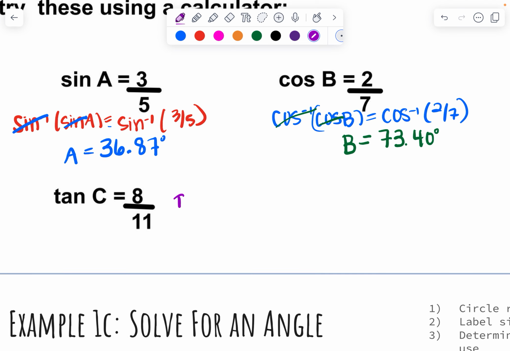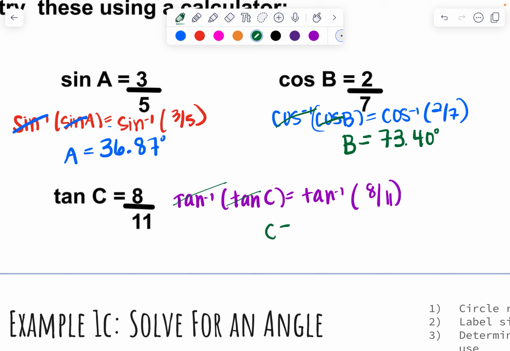And then this one, we would do inverse tangent on both sides. And if you did inverse tangent of 8/11 on your calculator, you would get that C is about 36.03 degrees. If you're putting these in your calculator and you're getting different answers, be sure that your calculator is in degrees and not in radians.